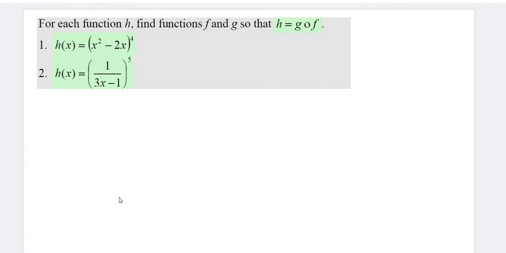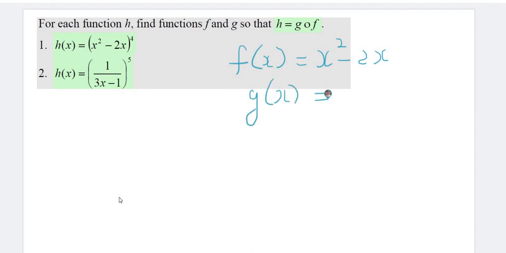So f will then be the inside function. And g will then be the power function, the outside function. Okay, and most of you got that right nicely. The same here, f will be the inside function. So it's really not difficult. It sounds difficult, but it's not.